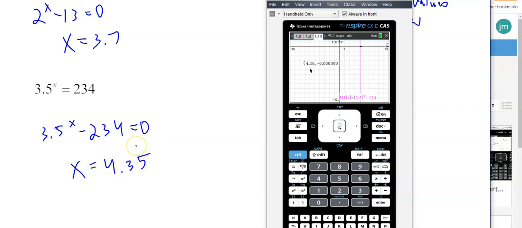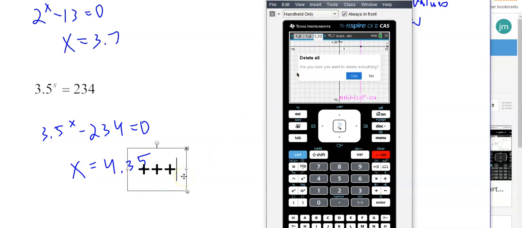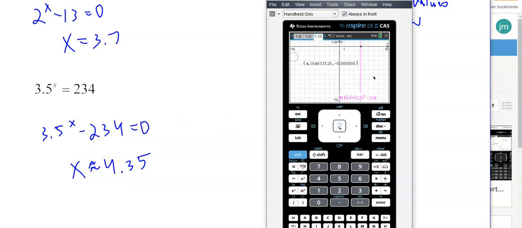That's probably a rounded off number. It might not be though, if you hover over it. No, it is rounded off. So that is approximately equal to that. Okay. I think that is the lesson today.